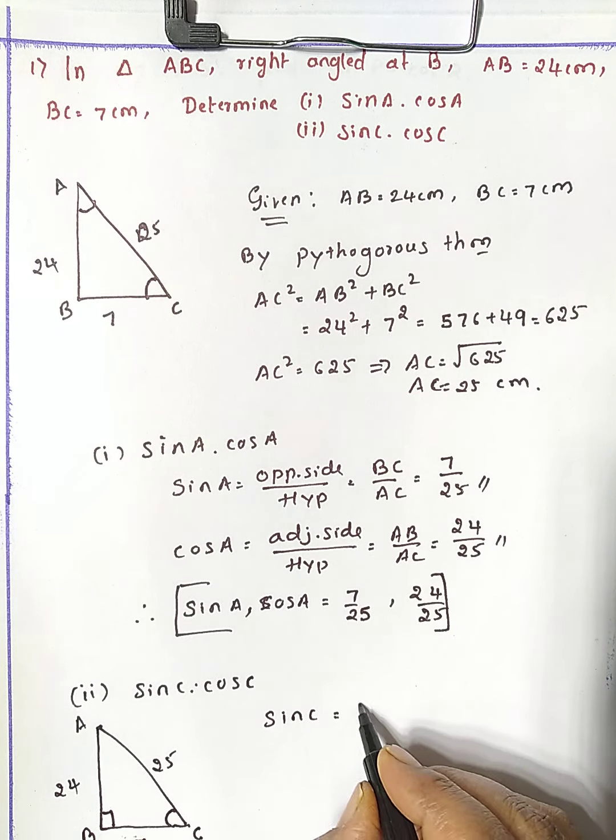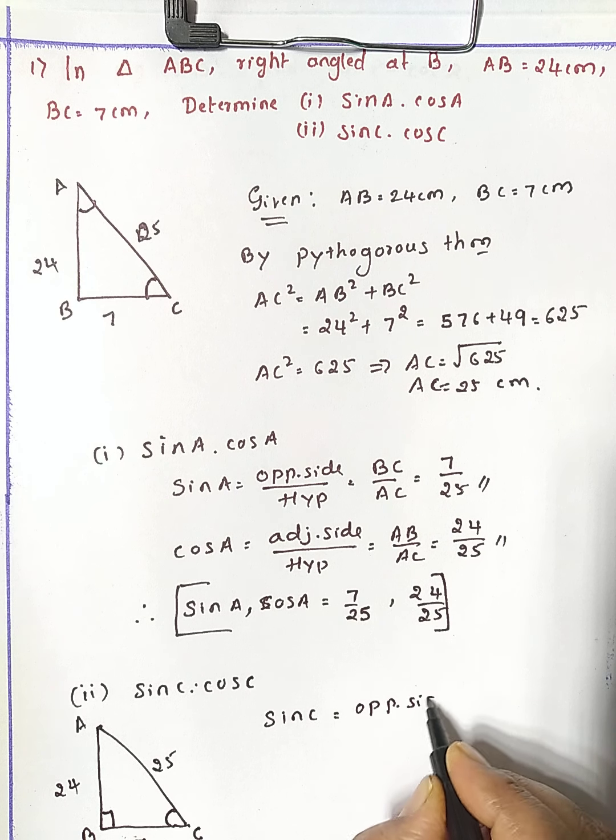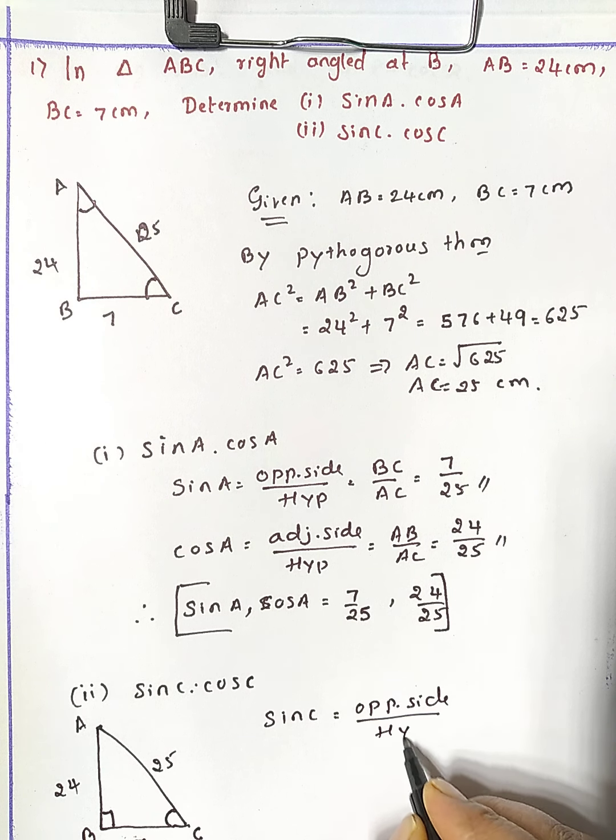Sin C is opposite side by hypotenuse. For this angle C, opposite is AB.